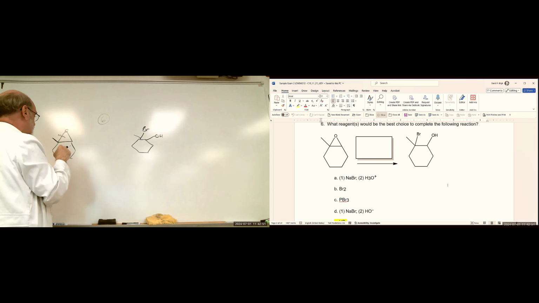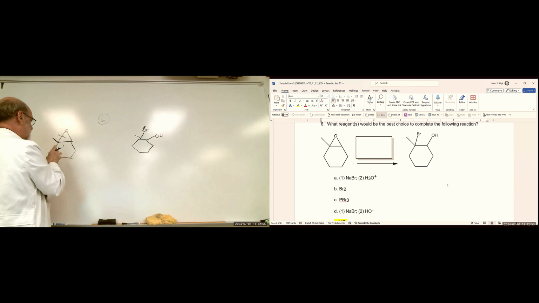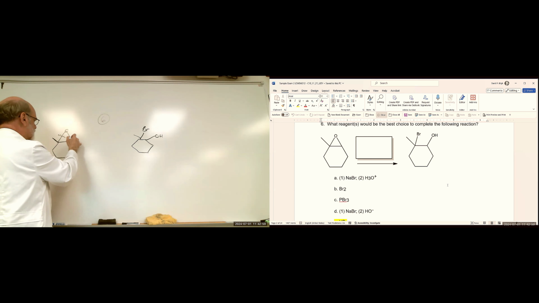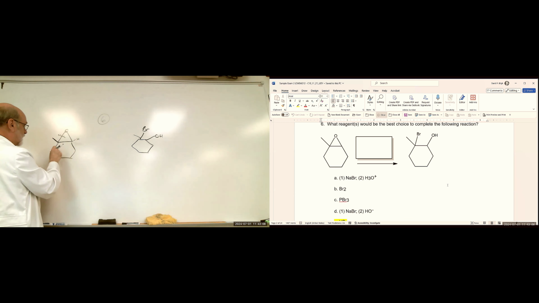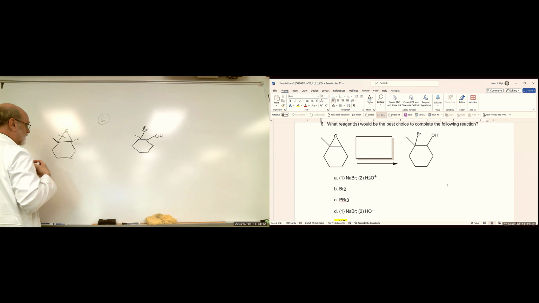So if we're going to attack, this is the least substituted carbon here, 1, 2, 3. This one is completely substituted here, 1, 2, 3, 4. There are no hydrogens there.